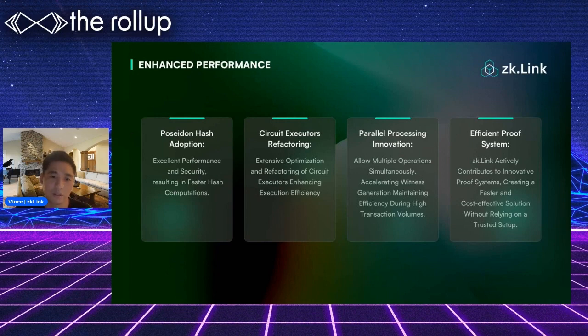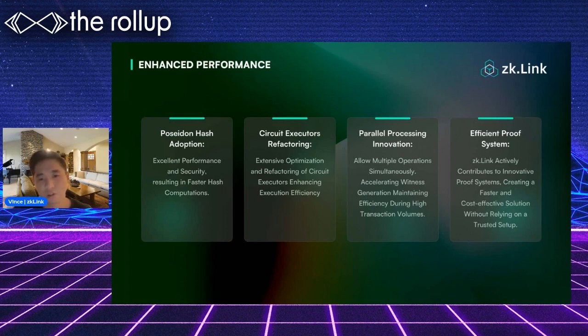We have done some deep work there for the server core to be able to parallelize the processing of the ordering there, and accelerate the witness generation, maintaining efficiency during high transaction volumes. And also currently we're exploring the possibility of implementing a new proof system.